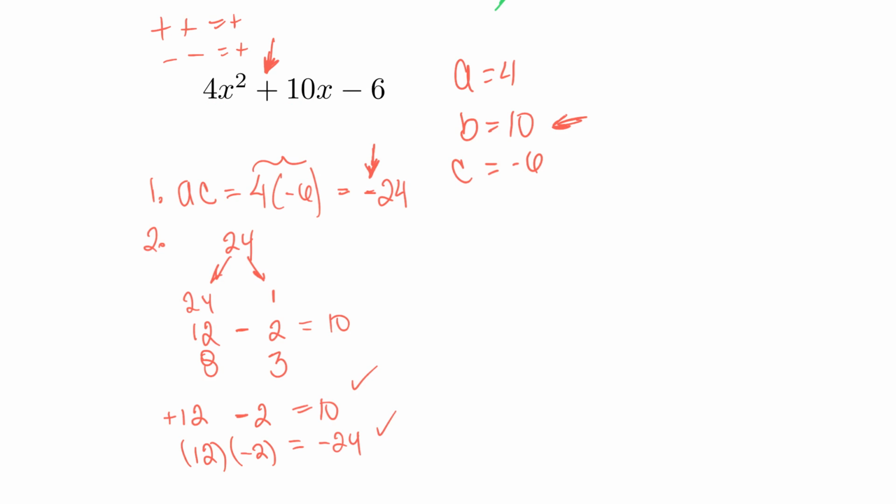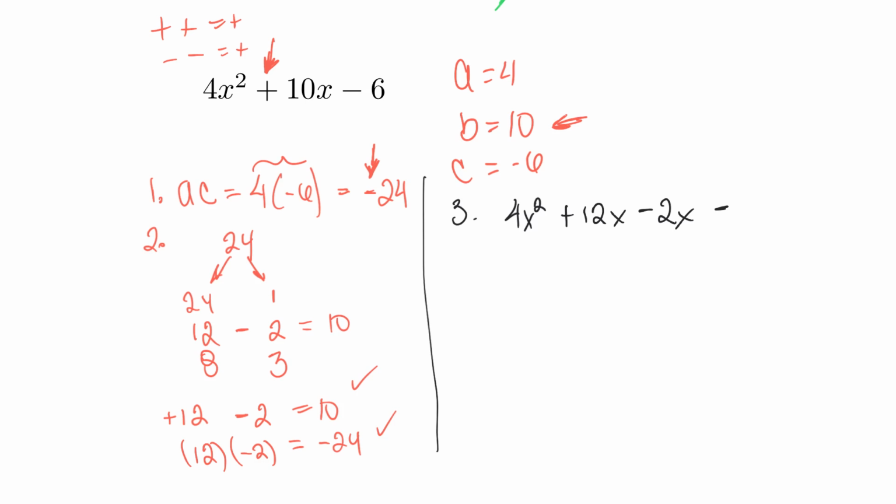Okay, how do we do that? Well, we just separate the addition. So we rewrite the first term of the polynomial, the 4x squared, and then the 10x we separate with plus 12x minus 2x.